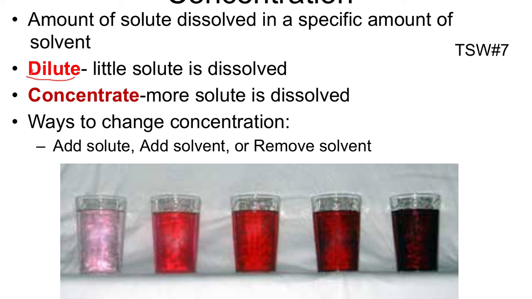Concentrated means you have more solute dissolved in the solution. Think about when you're making tea. The longer you leave the tea bag in the solution, the more concentrated it becomes.